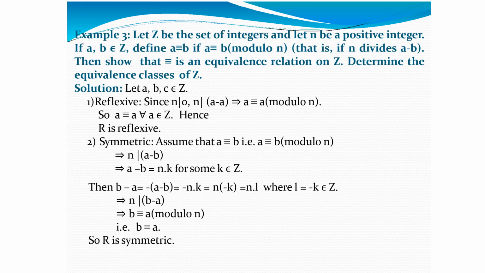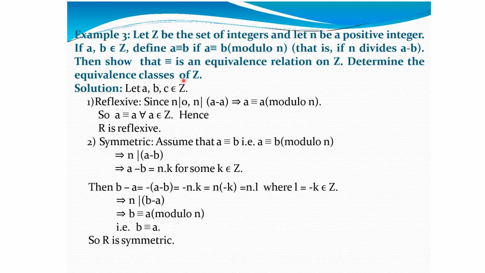Now see one example. Let Z be the set of integers and n be a positive integer. If a, b belong to Z, define a related to b if a is congruent to b modulo n, that is, if n divides a minus b.